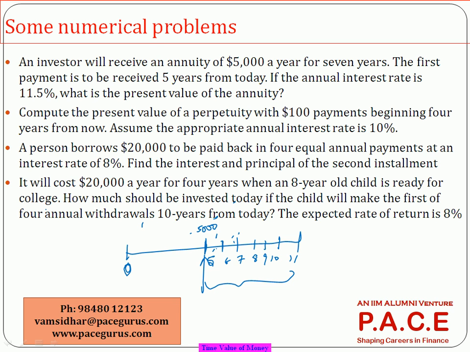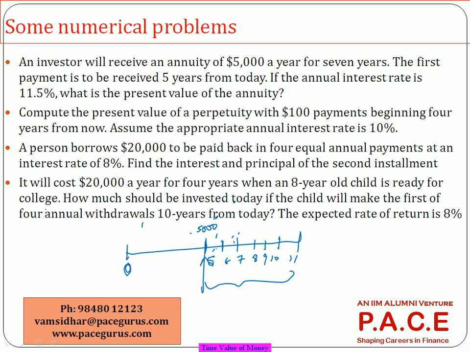Clear until that? Or I'll give you one more option. Shift yourself only to 4 years from now. Don't shift to 5 years from now. The 5,000 which you are going to get is 1 year from now, at the end of the year.